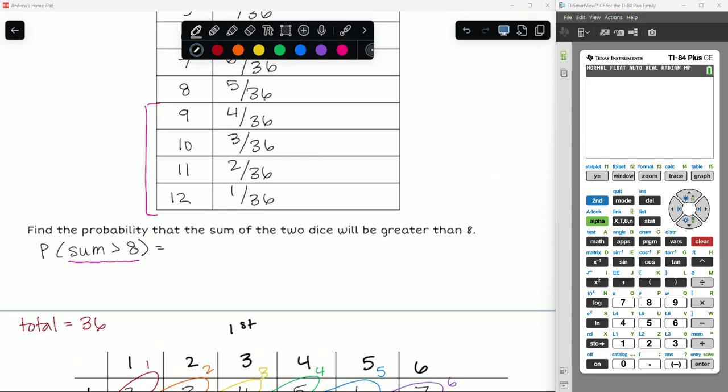And when I have 9 or 10 or 11 or 12, I add those probabilities. So this is going to be 4 plus 3 plus 2 plus 1, and that's going to be 10 out of 36.